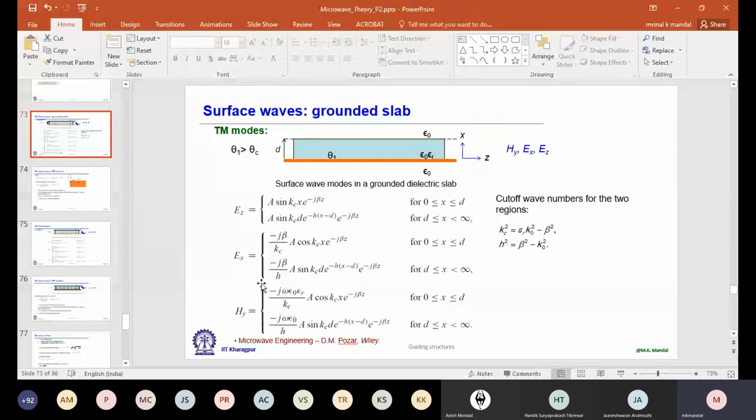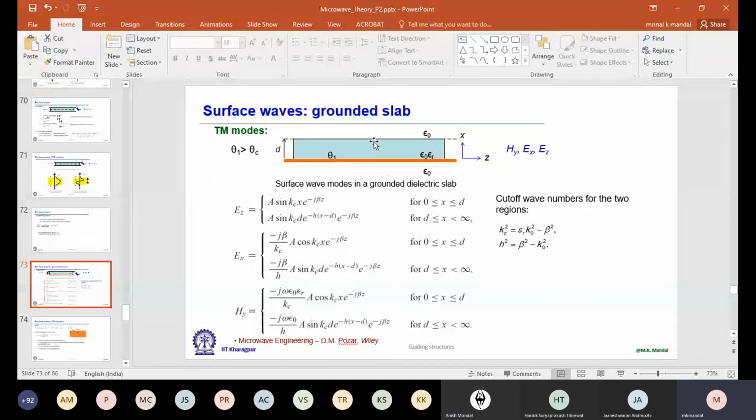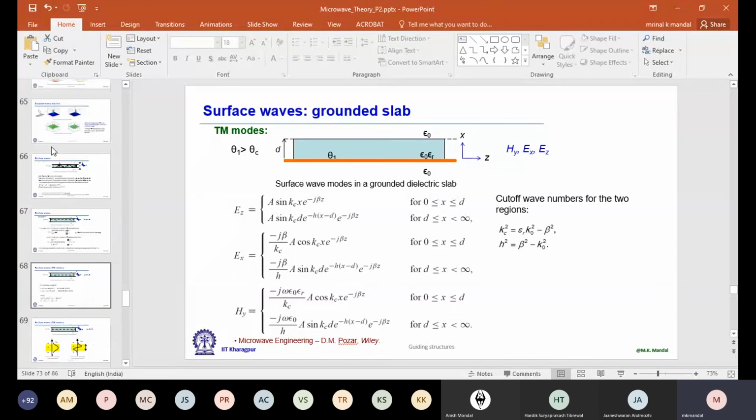So for the TM mode, we have an Ex component, and through this Ex we have coupling and generation of surface wave for the microstrip line. It generates through this perpendicular area along its length. If this area increases, we have more excitation of Ex. And how does this area increase? If I keep the thickness the same and increase the operating frequency, then in terms of lambda g the area increases, and we have more excitation of Ex. We have more surface wave loss.